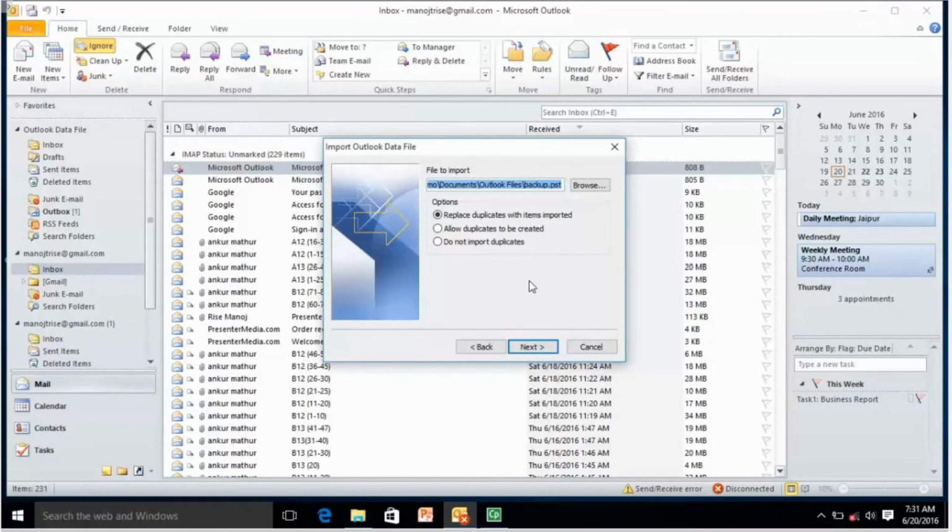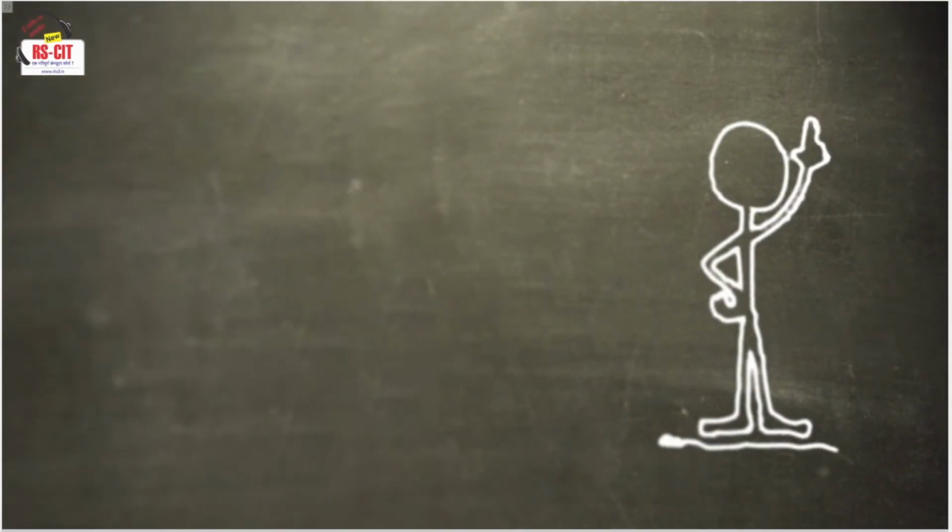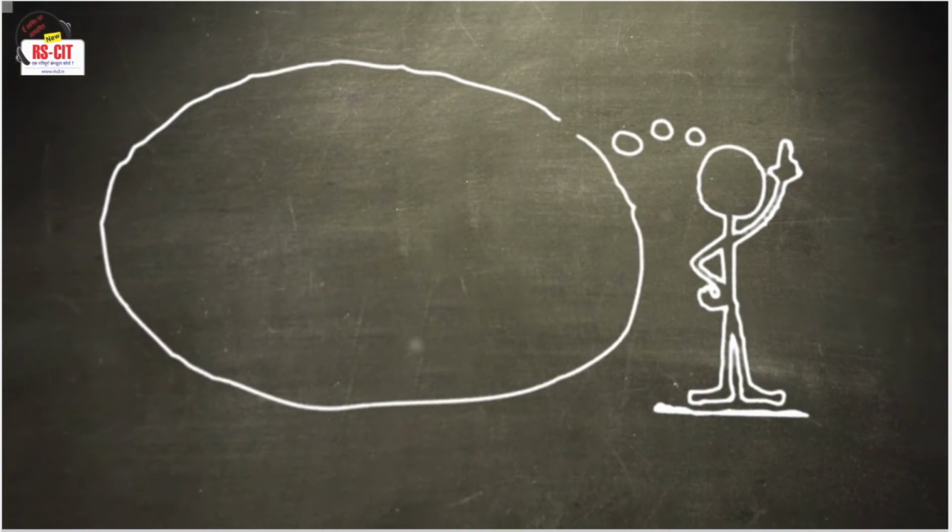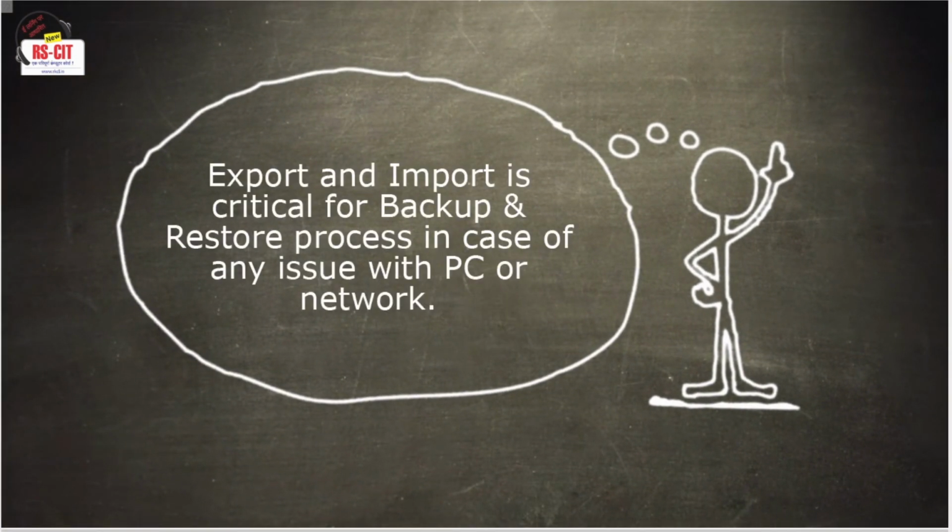Import items into the same folder in Username, to merge email messages, tasks, etc. into the same folders of your current Outlook profile. Select Finish. Outlook imports the email, appointments, tasks, etc. into your current profile. Tip: Export and import is critical for the backup and restore process in case of any issue with the PC or network.